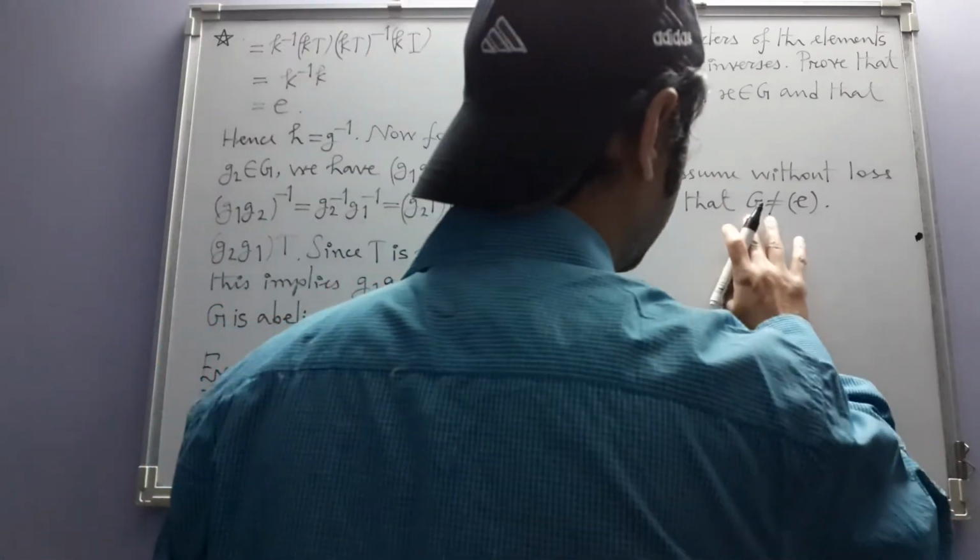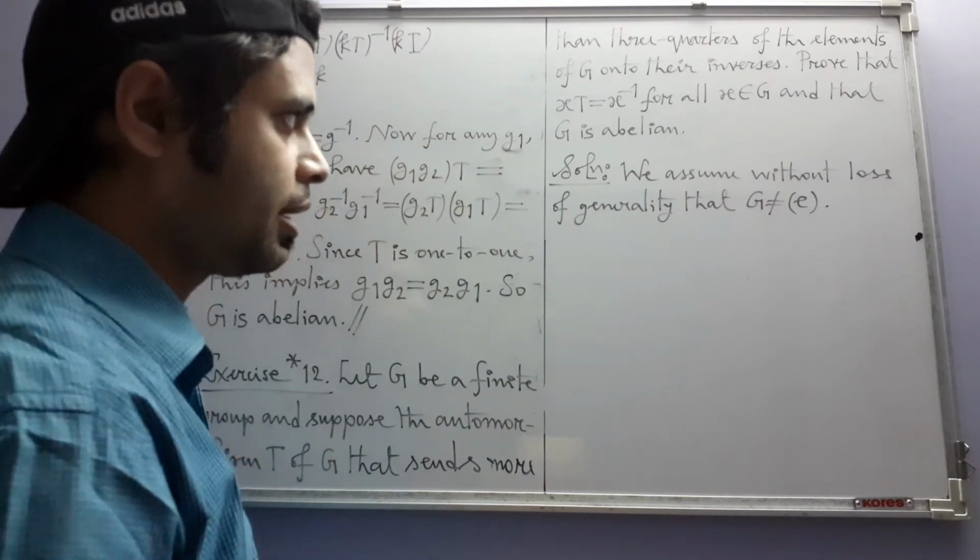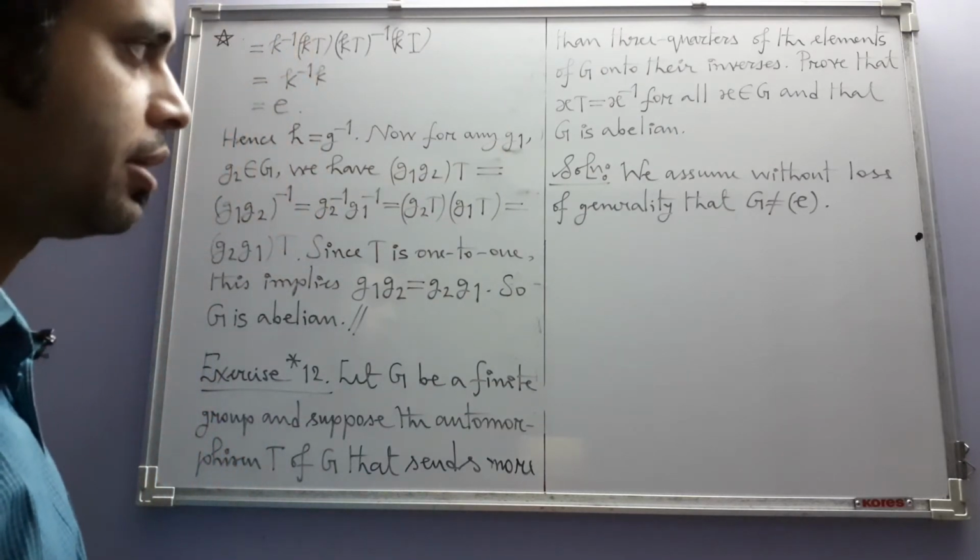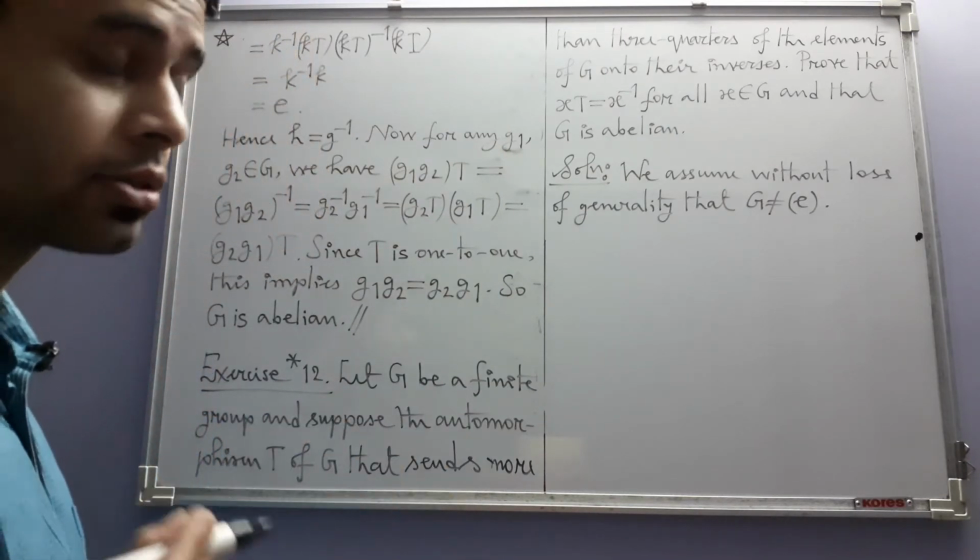So all the things are true for this particular group. So we can assume without losing much generality that G is not the trivial group.